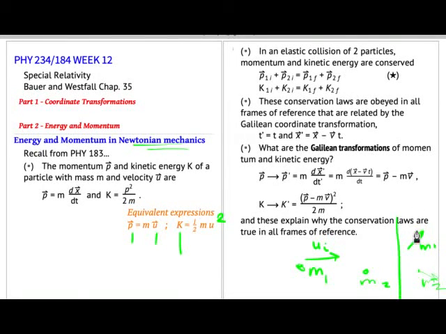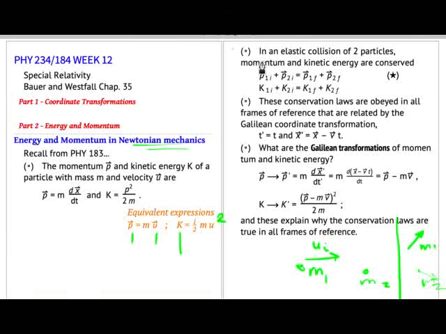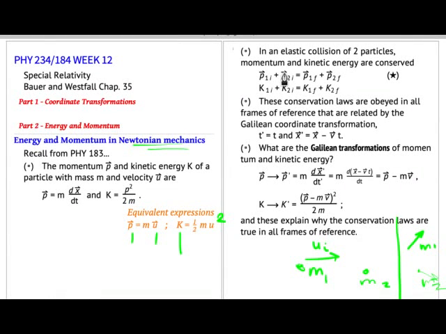And now after the collision, this has some final velocity and this has some final velocity. So the conservation laws say that P1 plus P2 before the collision, initially, is equal to P1 plus P2 after the collision, the final values.